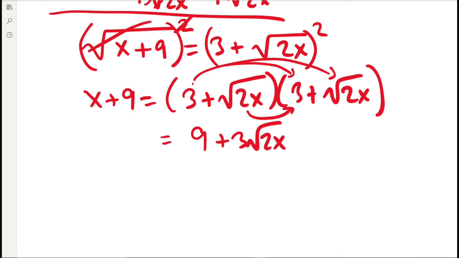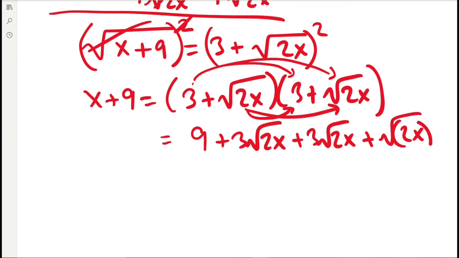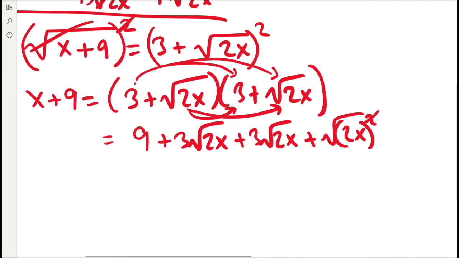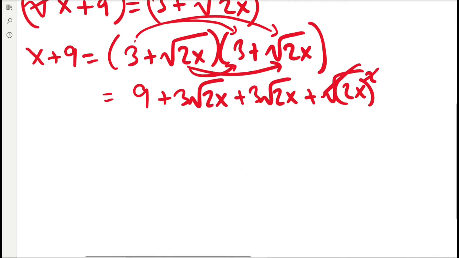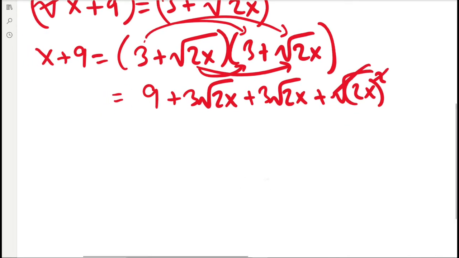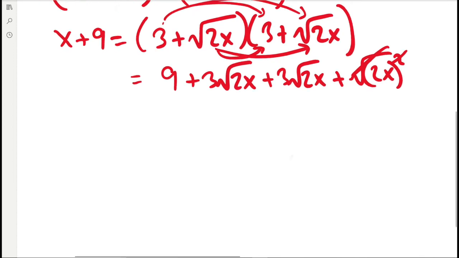Inner: 3 times square root of 2x is another 3 square root of 2x. Last: square root of 2x times square root of 2x is square root of 2x squared. And then the square and the square root cancel, so it's just going to be 2x.